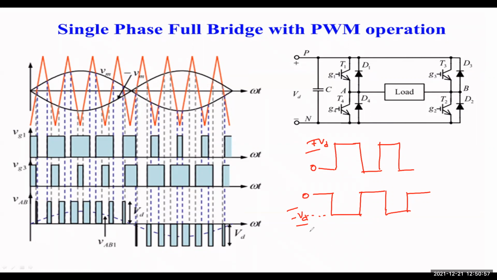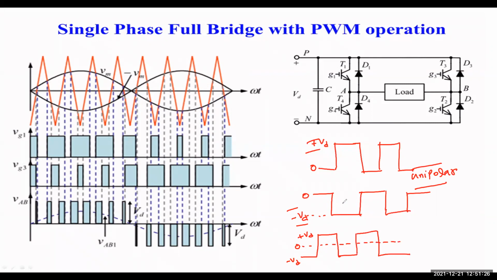This was for unipolar operation. For bipolar operation, we get it like this, from minus VD to plus VD. This is our 0 reference, this is minus VD, and this is plus VD. This is called bipolar operation.